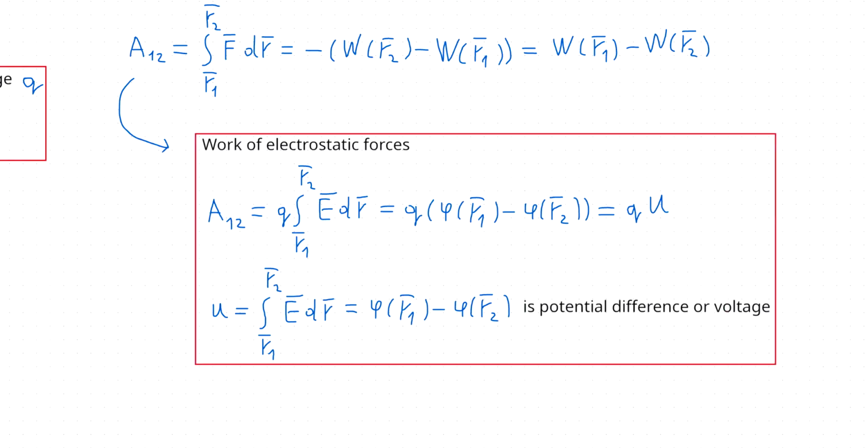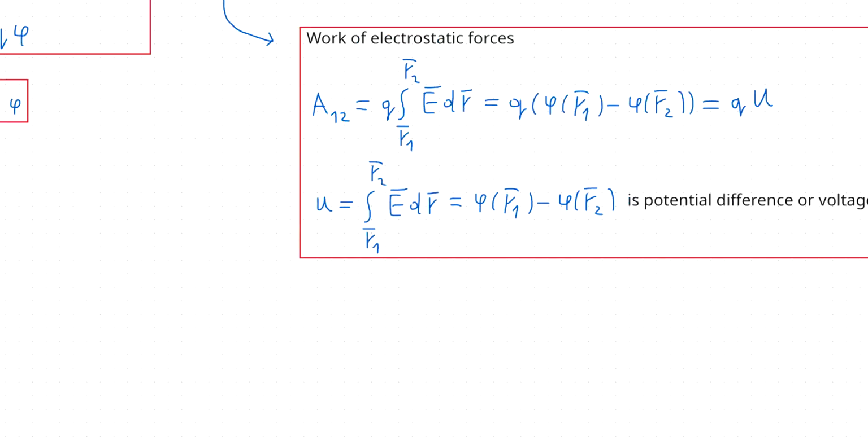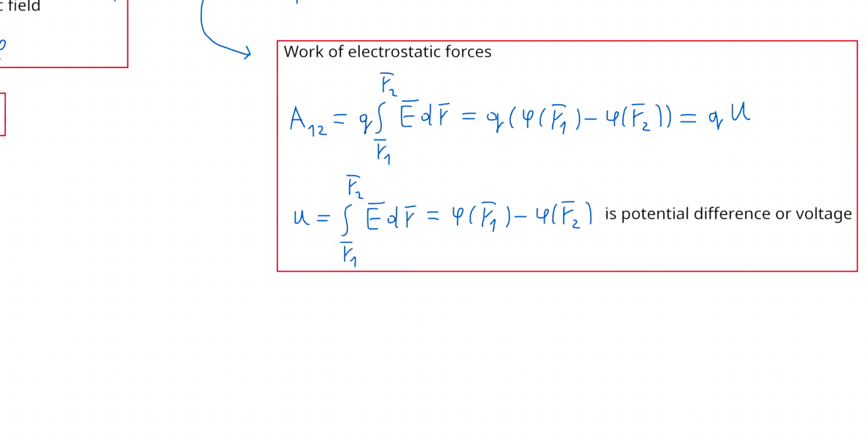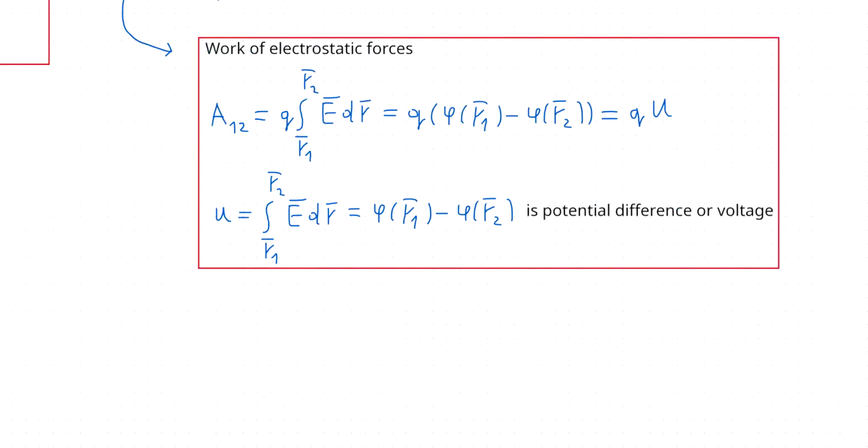Okay, and what will happen if we have motion along a closed trajectory? In this case, the beginning of this trajectory is the same as the end of this trajectory.